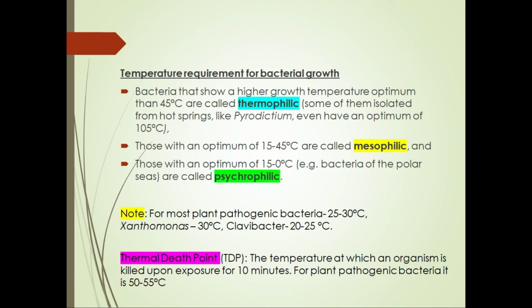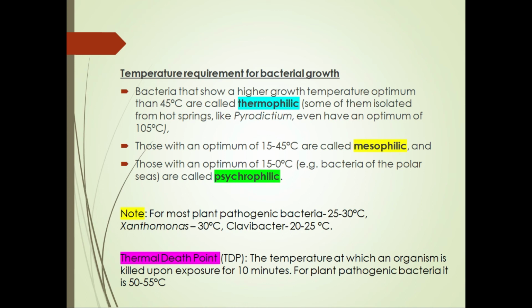In terms of temperature requirement, the bacteria can be grouped into three categories. Thermophilic: bacteria that grow at higher temperature. The optimum temperature for their growth is 45 or more. They are called thermophilic bacteria. There are even bacteria which can grow at 100 or more degrees Celsius, so they are thermophilic, temperature loving.